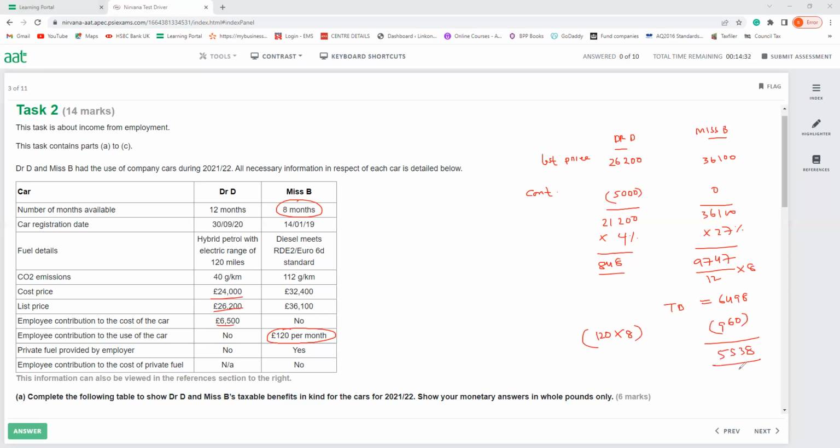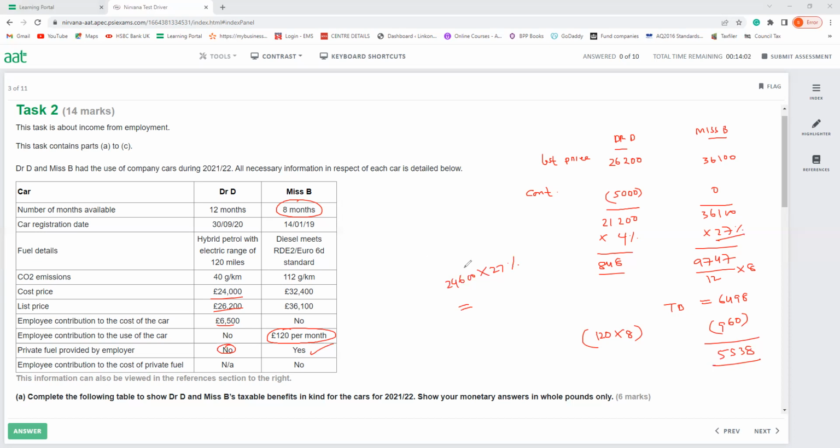And the next one is the fuel benefit. Fuel benefit is very simple. We don't have any fuel benefit for the Dr. D because he don't take any benefit, only for the Miss B. So we have 24,600. This amount is fixed. Have to multiply the percentage, 27%. So 24,600 times by 27%.